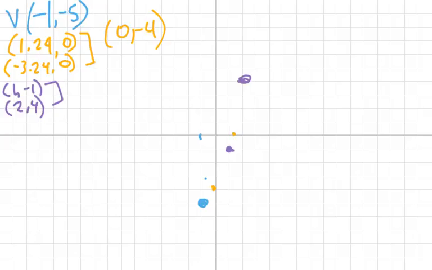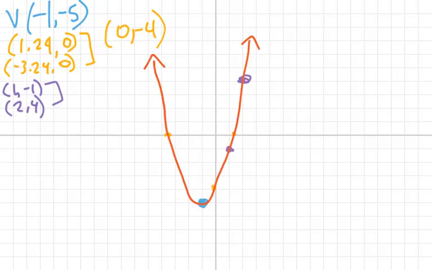And then we have −1, 2, 3, and a little bit, (−3.24, 0). And now I can connect these dots to see that my parabola will look something like this, with my x-intercepts, my y-intercept, my vertex, and a few other random points on the graph.